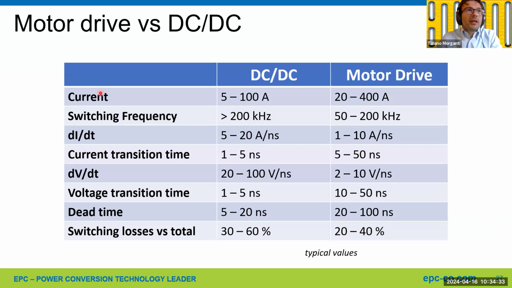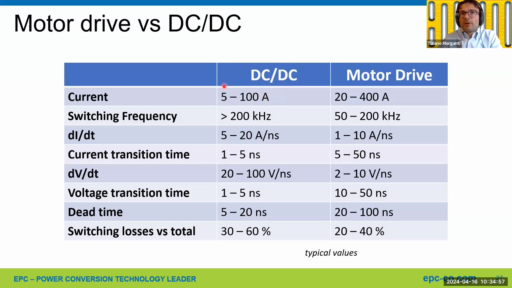Okay, let's have a final look at what the differences are between motor drive layout and DC-DC layout. So let's start from the main parameters of a motor drive. In terms of current, for DC-DC we have converters from 5 to 100 amps.